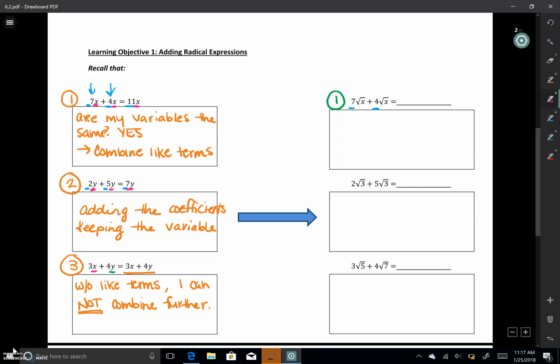The major difference is that instead of having my variable as x, I have radical x and radical x. But my radicals are the same, okay? So that's the question you're asking for number 1. Are my radical expressions the same?